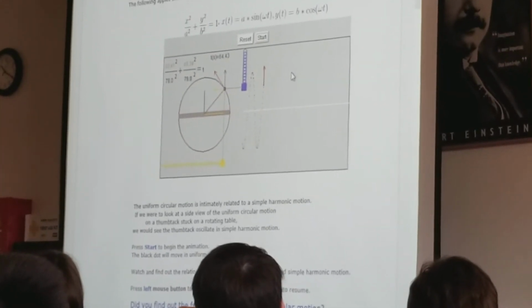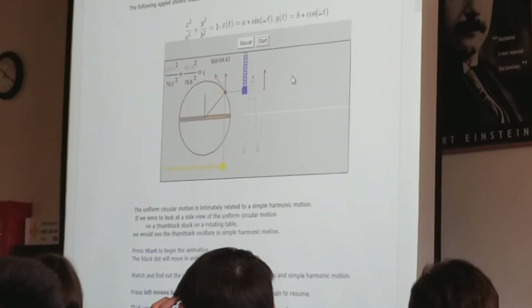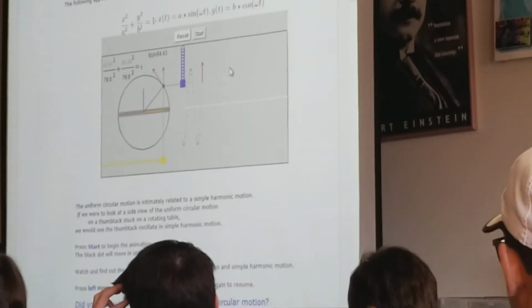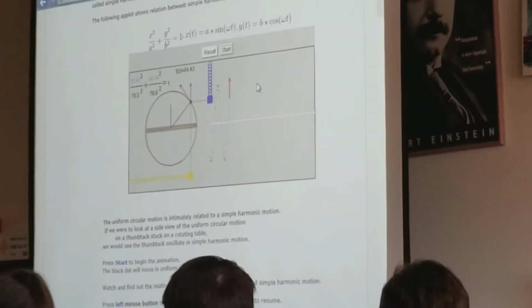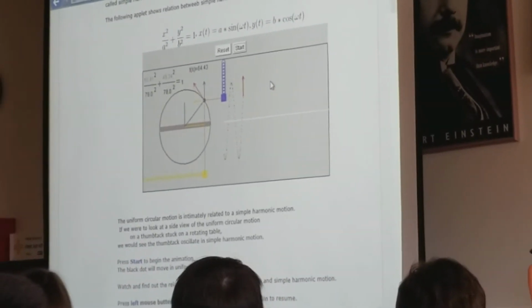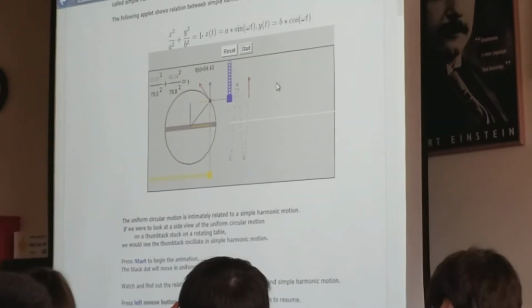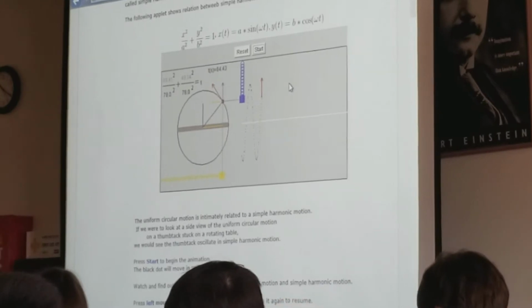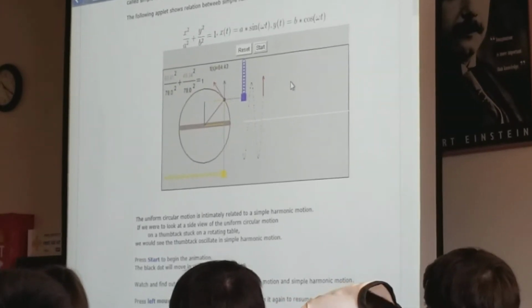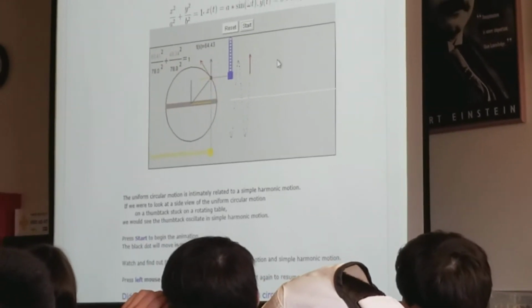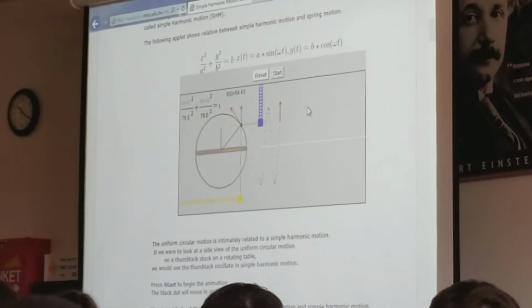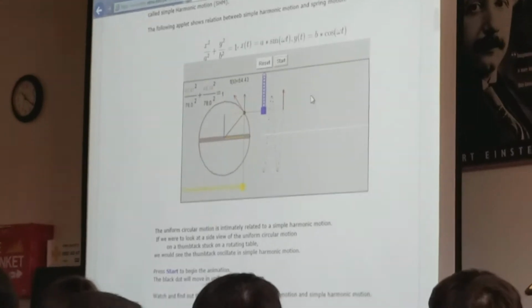Yeah, about there. That's good. Everybody okay? Now, a couple of things here. Looking at this, that I've done a really nice job with. If you look at the point on the circle, the blue arrow represents the vertical component of the velocity of the point, which is also the vertical component of the velocity of the mass.